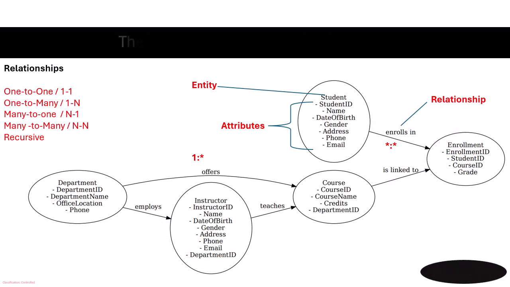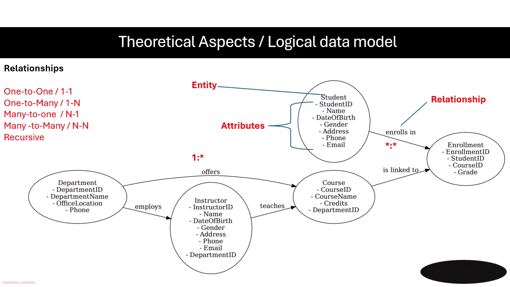The theoretical aspects of a relational data model, or the logical data model, sometimes called the conceptual data model, represent business rules and the data structure of the database you are intending to create.